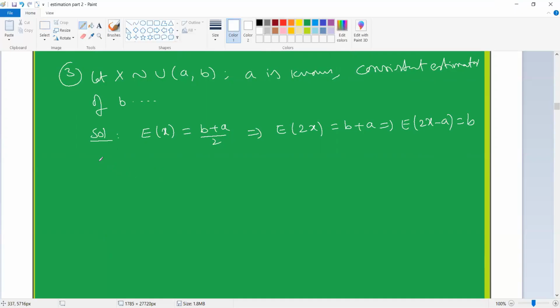Now let x1, x2 and so on xn be a random sample drawn from the uniform distribution.